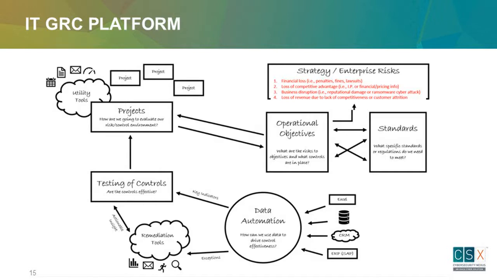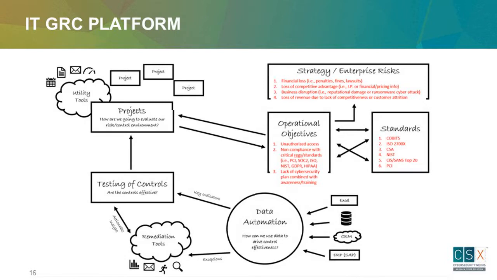Next, we identify operational objectives that help the organization achieve their strategic goals. So what kind of risks threaten these objectives from being achieved? Well, these might include things like unauthorized access to confidential information, non-compliance with critical regulations and standards, or a lack of cybersecurity plan, combined with a lack of awareness and training across cybersecurity or good cybersecurity hygiene.